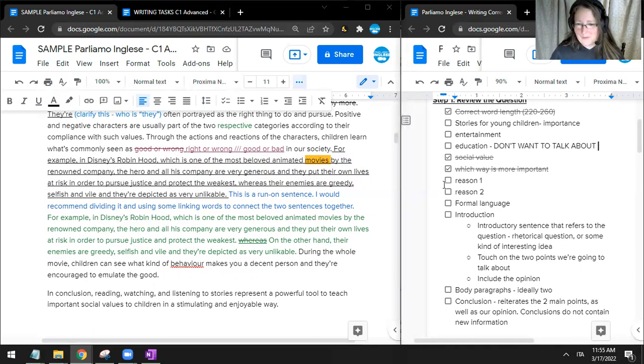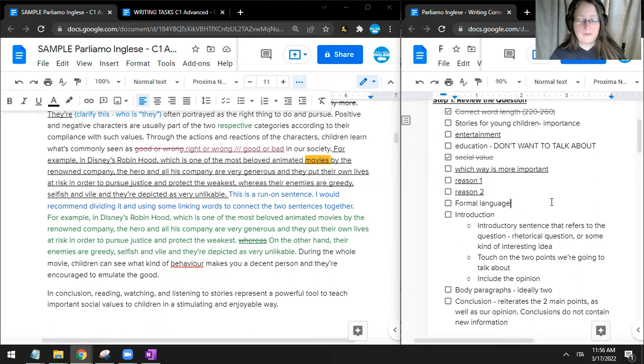It's not even possible because you didn't talk about the second point. So there's no comparison. We're missing content about entertainment. We're missing our reasons. Those are definitely going to impact your score.